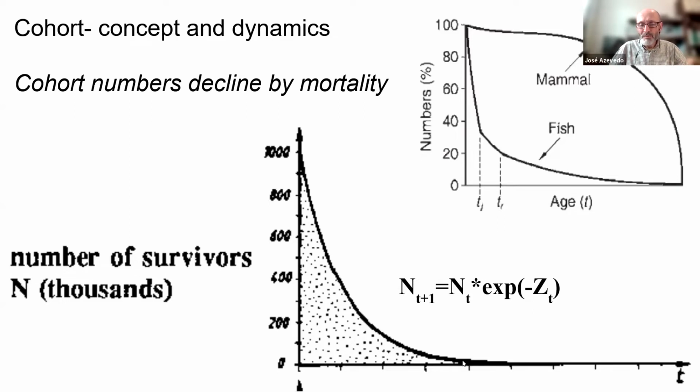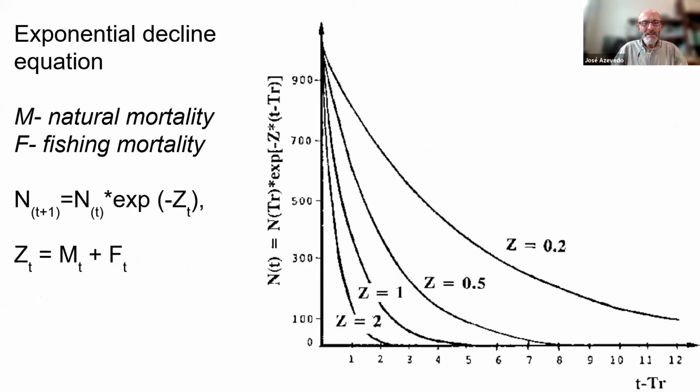And this can be translated by an exponential equation, which gives the number of fish at a certain time as a function of the number of fish at a previous moment, multiplied by an exponential function where the parameter is Z.